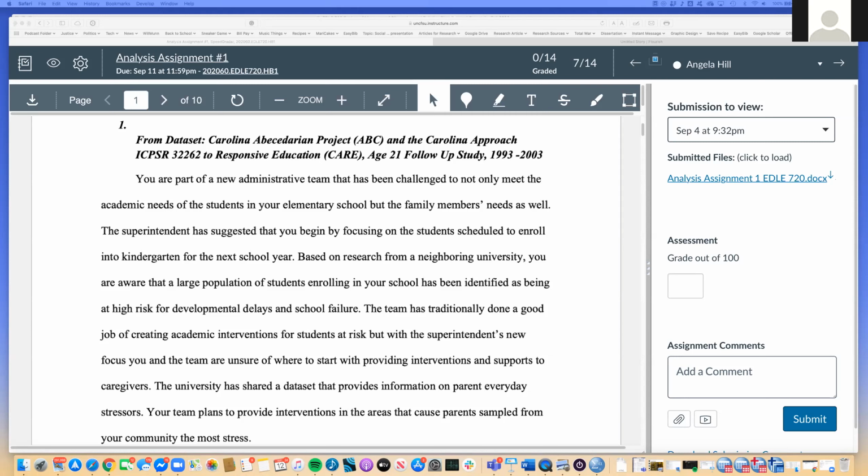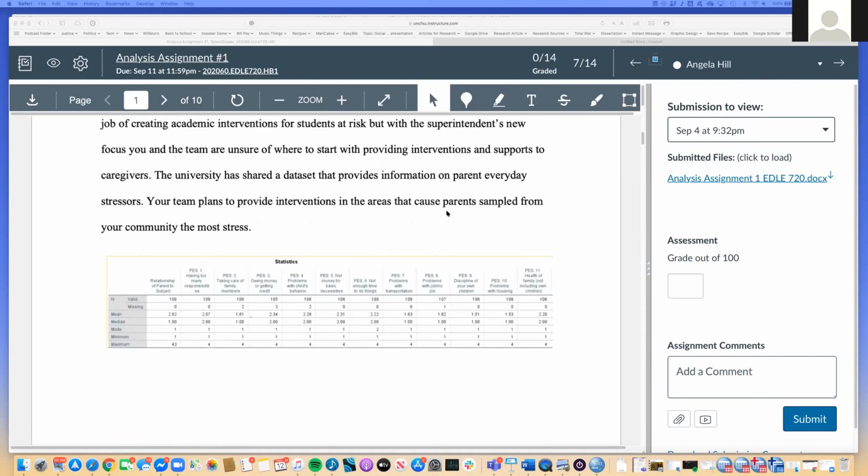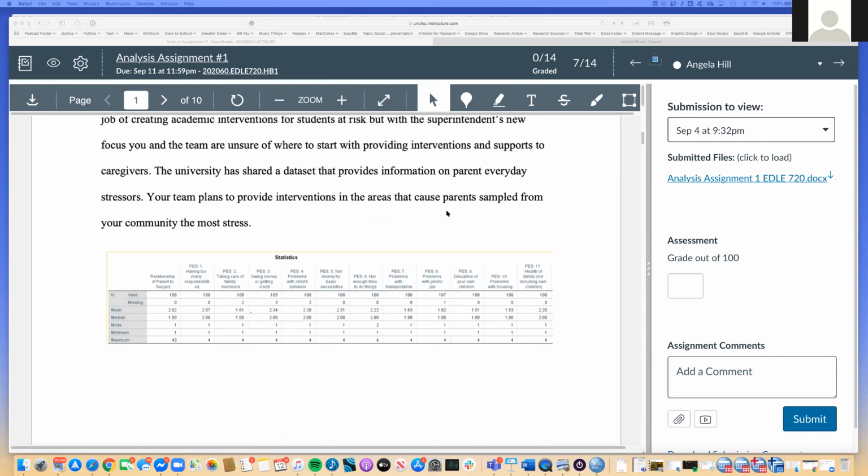And so the team has been charged with having interventions in the areas where the parents sampled demonstrated that they've had the most stress. And so I pulled the data set, and it already had the different groups, but the part I focused on was the relationship of parent to the subject.